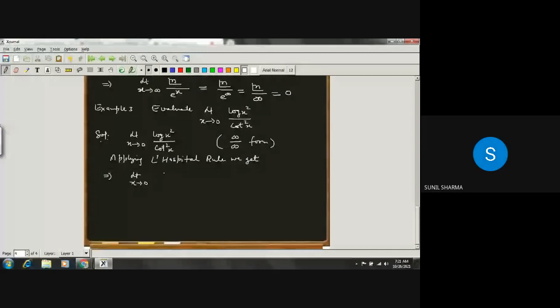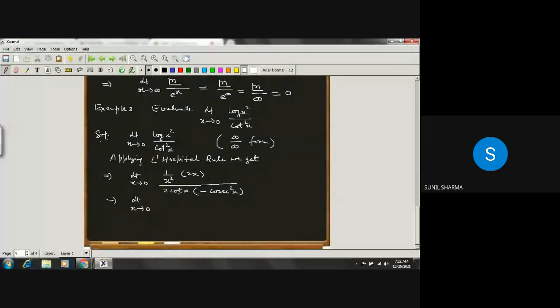So the derivative of log x square is 1 upon x square, and again we differentiate x square, so we get 2x divided by cot square x. So 2 cot x, and the derivative of cot x is minus cosec square x. Yes, right. So we simplify this, and we can write this as limit x goes to 0.